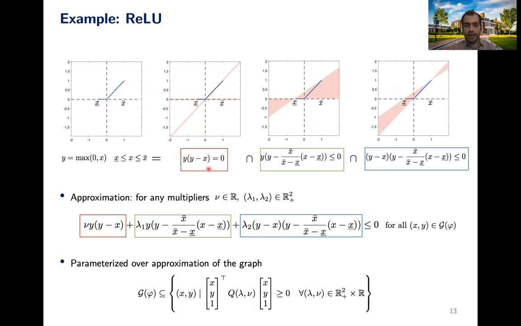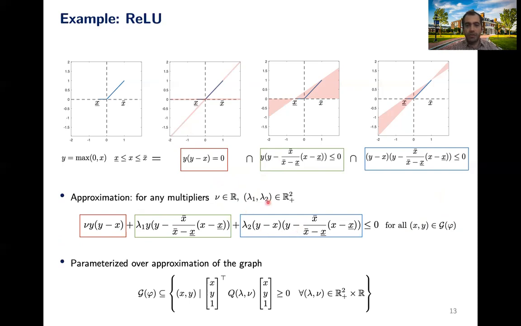Having described the ReLU with these three quadratic constraints, we can combine them. We can add them together by multiplying them by arbitrary multipliers, lambda1, lambda2 and nu, and then we obtain a single quadratic constraint that holds for all input-output pairs of the ReLU function for any arbitrary choice of the multipliers.